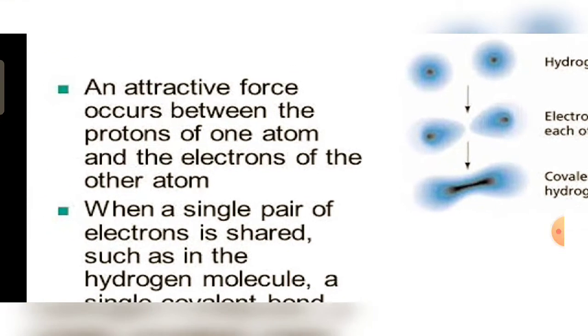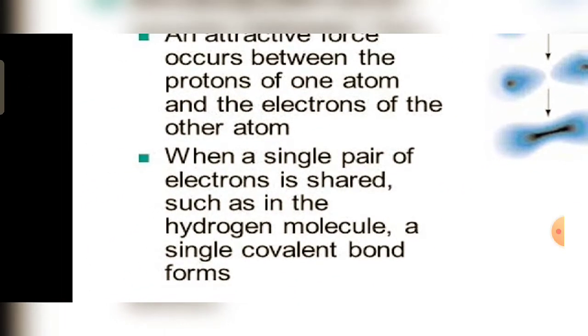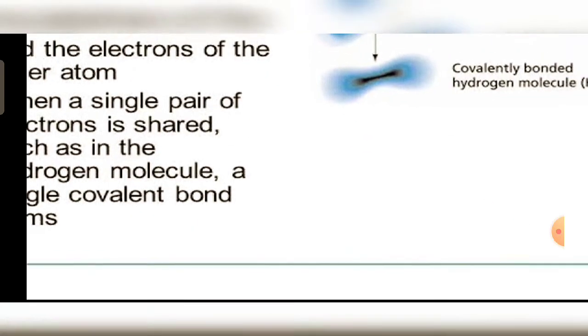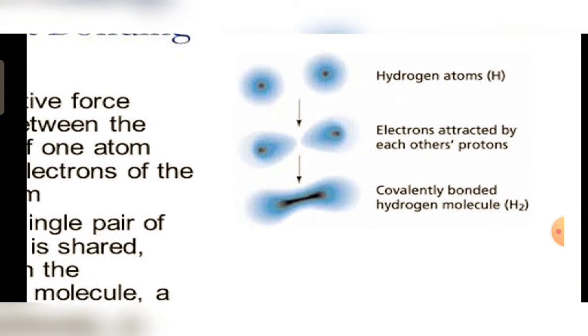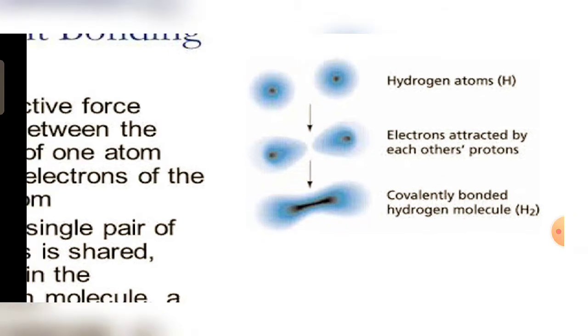Then there will be two forces, attraction and repulsion, and because the force of attraction will dominate, it will form the H2 molecule. Electrons are attracted by each other's protons. We know that the nucleus contains protons, so the nucleus of atom A will attract the electrons of the other atom, and if this attraction will dominate, then the bond formation will occur.